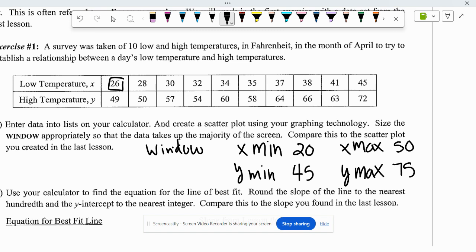So we have to hit the second button and Y equals. And then hit your zoom button and go down to number 9, and it'll plot your scatter plot. So arrow down, hit enter.